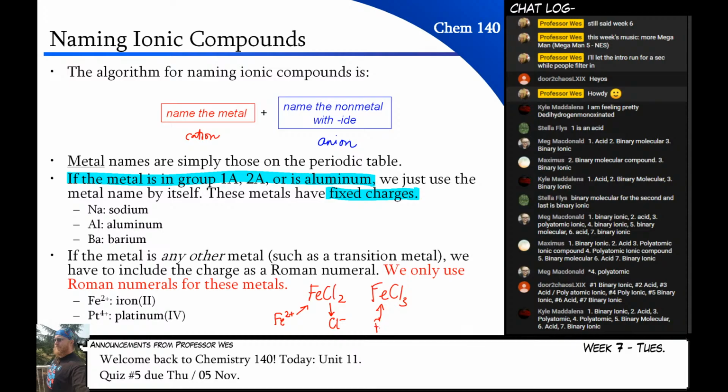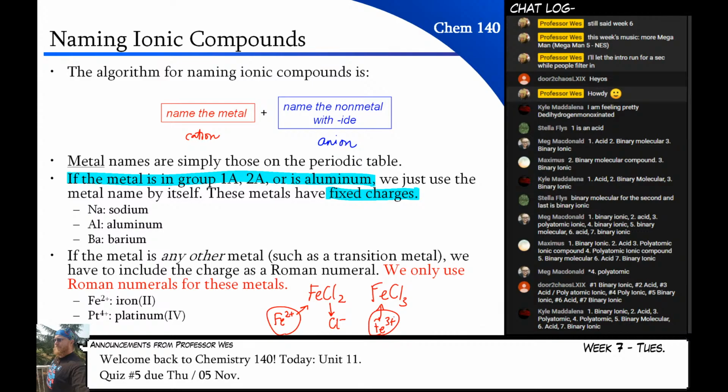Same thing over here, except this iron is +3. How do I differentiate between the two of them? I can't just say iron chloride for both because that would be ambiguous. They're different. In fact, they're even different colors. If I gave you iron 2 chloride and iron 3 chloride and put them on a plate in front of you, you would be able to tell which one was which because they're different colors.